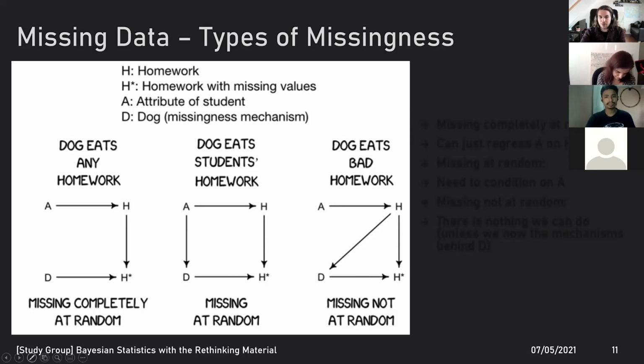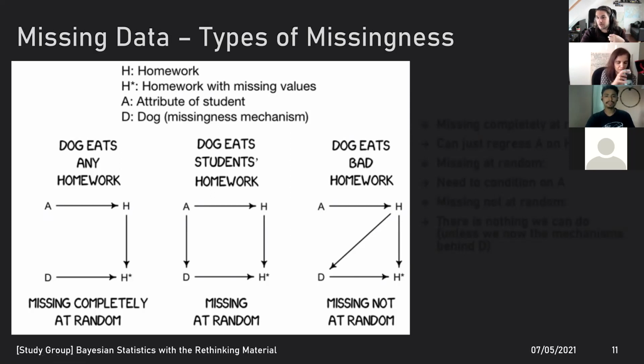So in this DAG, all the way to the left, we can clearly see that the attribute of the student, let's say how much they study, influences the true score that their homework is worth. But the score that is finally assigned to the homework by the teacher will be influenced both by the true score that it is worth, but also by whether it has been eaten by the dog.